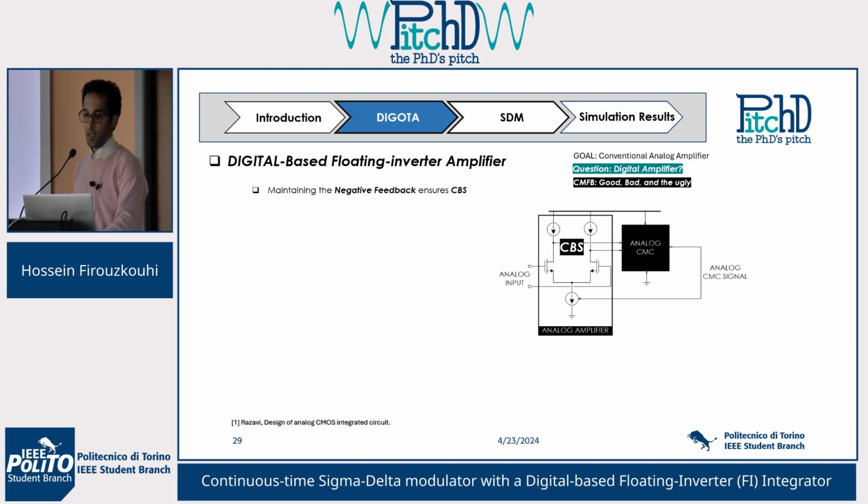In this case, you can see the simplest analog amplifier with the analog compensation circuits. Why do we need the analog compensation? Because we need the output voltage to be constant, balanced, and stable, so any fluctuation in the output stage would be devastating for the performance of the analog.